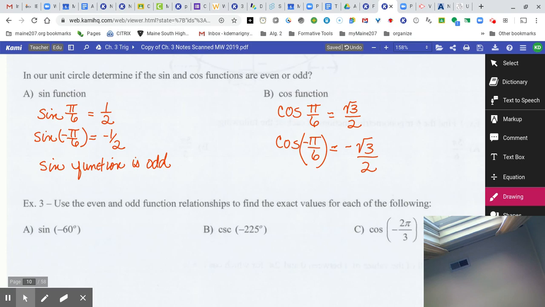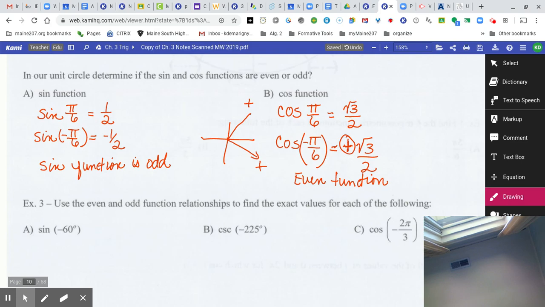If I go to negative pi over 6, remember, it would be down here. And my cosine, which is my first value, would be positive. If I go to cosine here, it's also positive. It did not change the value of the sign. So I have positive, positive, which is going to make this an even function.